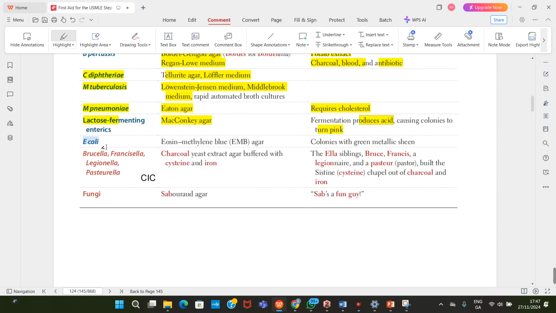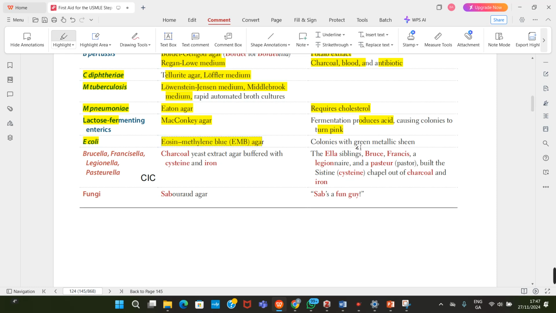E. coli is a lactose fermenting enteric, but if you want to specifically know that, okay, this organism that I'm culturing, I know it's a lactose fermenter, but is it E. coli? That's where you now further isolate your culture, using your eosin methylene blue agar.